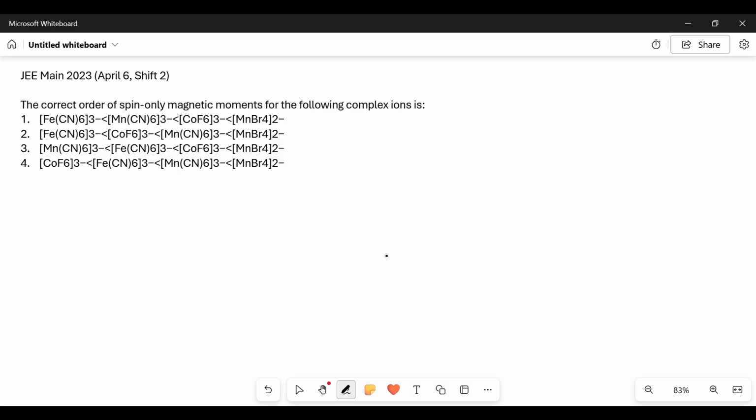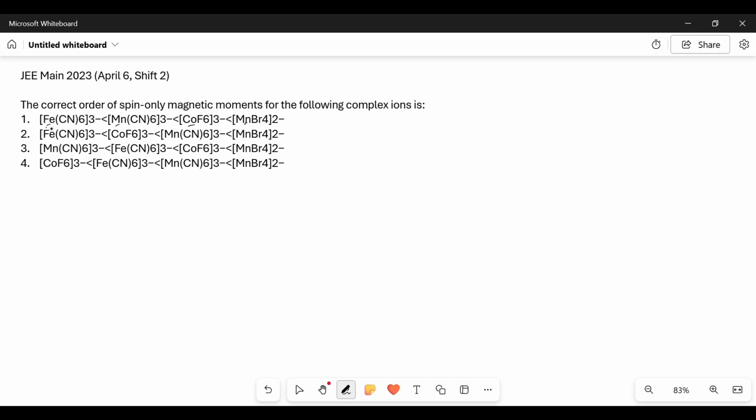There are three types of metal: iron, manganese, and cobalt. You have to answer the correct order on the basis of the spin only magnetic moment.